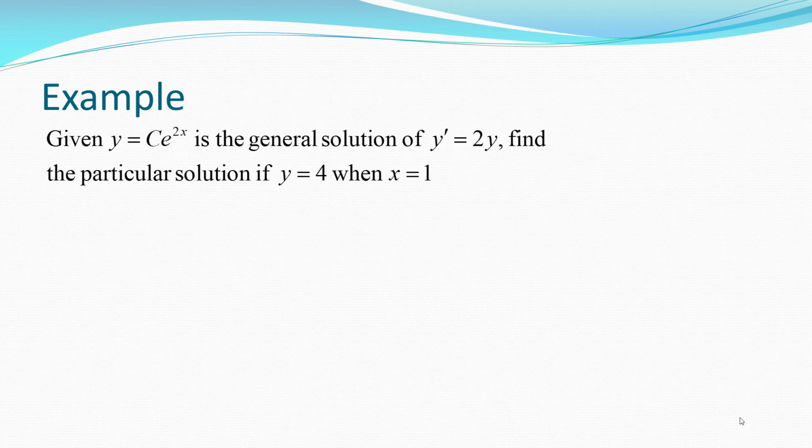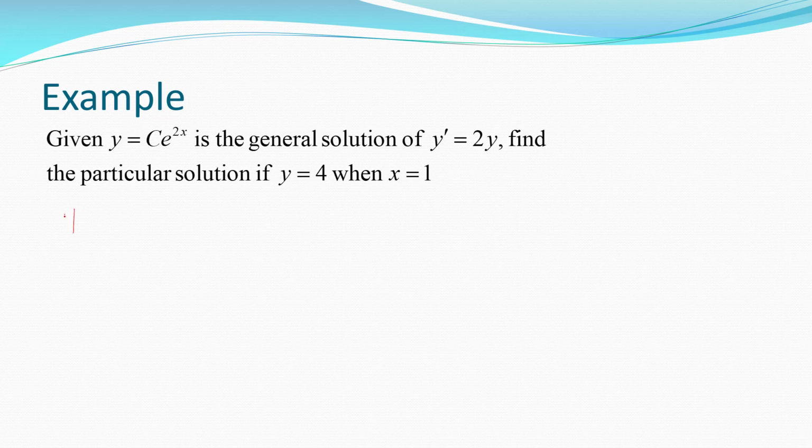To explain what I mean, let's suppose that y equals c times e to the 2x happens to be a general solution of the differential equation where the derivative is equal to 2 times y. Let's find a particular solution among this family that also satisfies that y is 4 when x is 1. To do so, I would use that when x is 1, y is 4, and then solve for the unknown constant.